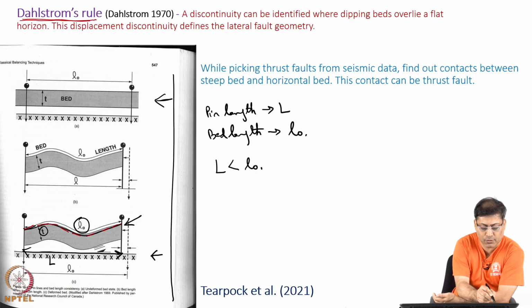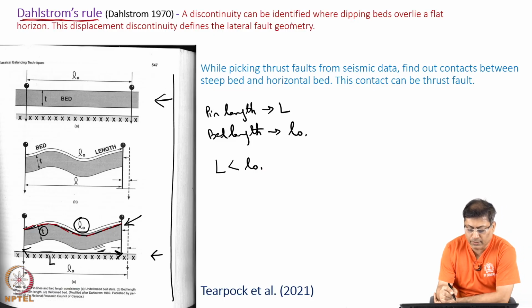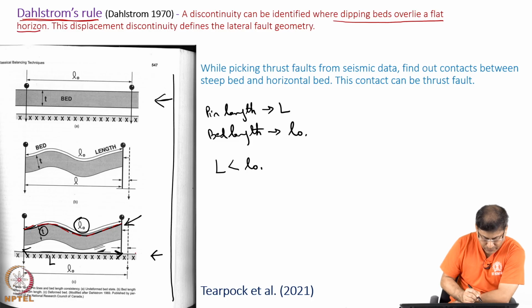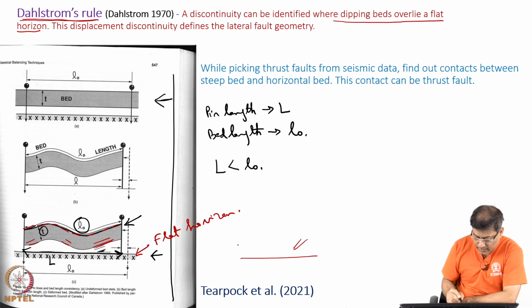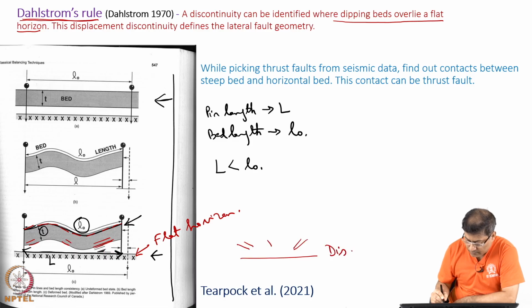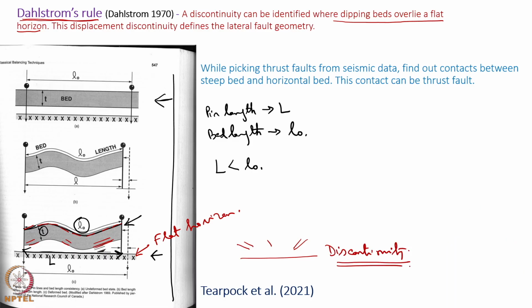There is a famous rule, Dahlstrom's rule, which says that a discontinuity can be identified where dipping beds overlie a flat horizon. Say in this case, this is the flat horizon and we can find dipping beds here. Say local observation is made, we still do not know the folded layer. So, once we see that there are horizontal layers and there are dipping beds, we understand that we are dealing with a discontinuity. Note that we are not calling it an unconformity, we are simply calling it a discontinuity.